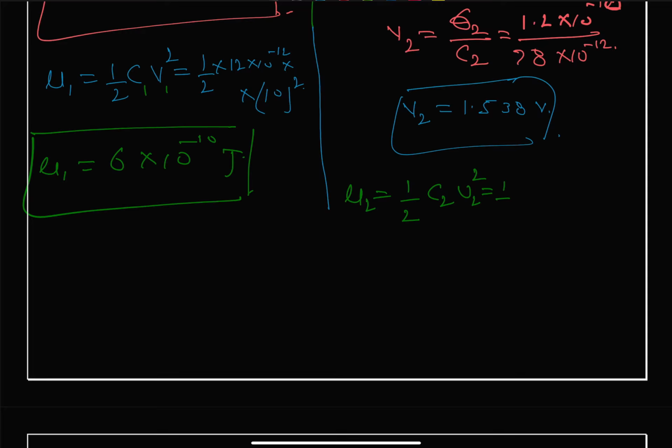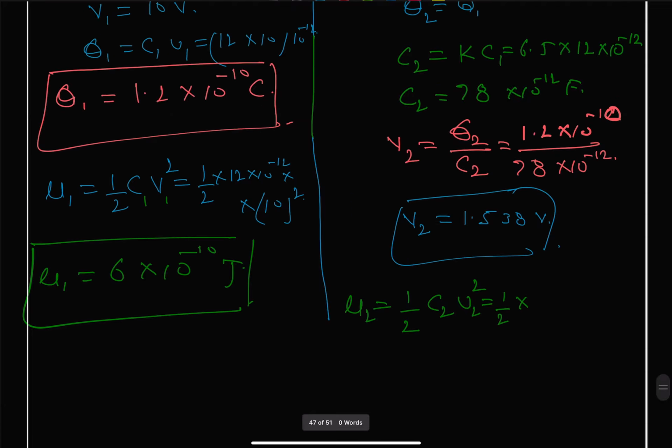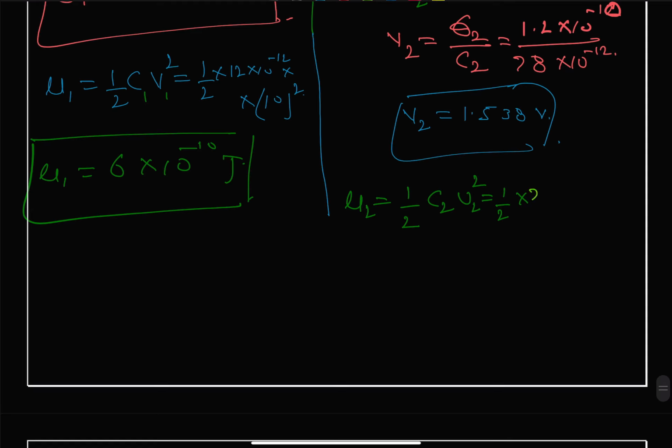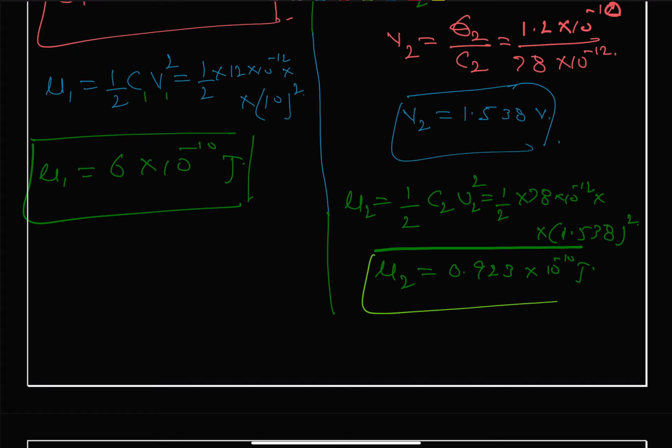So this comes as half, C2 we found out is 78 into 10 to the power minus 12, V2 is 1.538 and its whole square. So we get U2 approximately as 0.923 into 10 to the power minus 10 joules. So we found out U2 also.